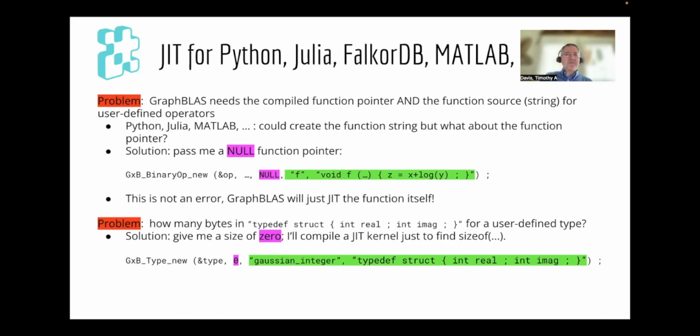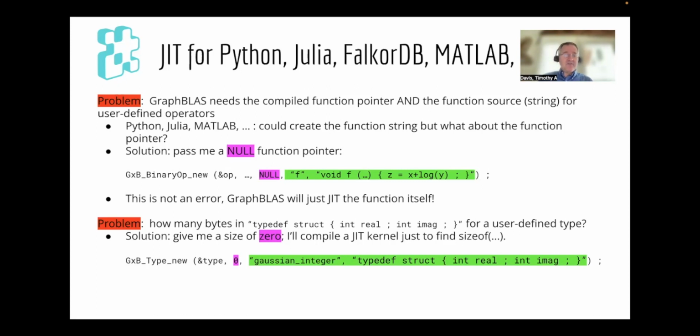You can also do this with user-defined data types. Suppose you create a typedef struct, int real, int imaginary, for a Gaussian integer as a user-defined type. Now that's 8 bytes, right? Well, are you sure? How do you know, unless you ask the C compiler what the size of that type is? No problem.